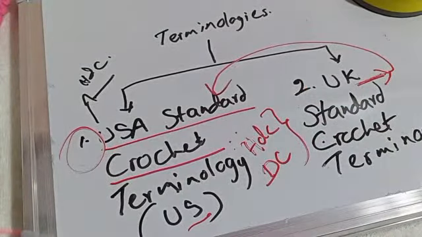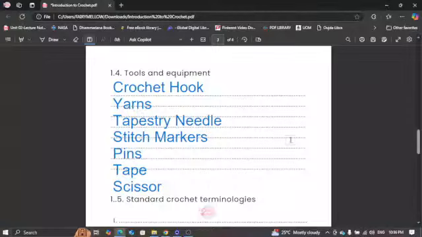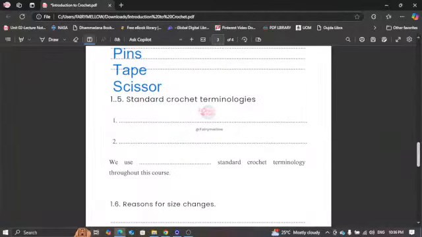Now we are going to write down that too in our tute. Please take your tute and I will share it with you. Okay. Write down under this 1.5 subtopic, standard crochet terminologies.